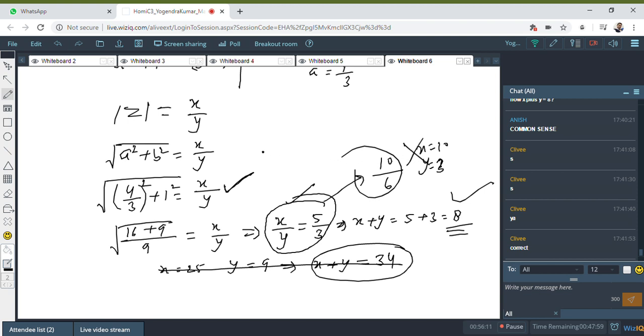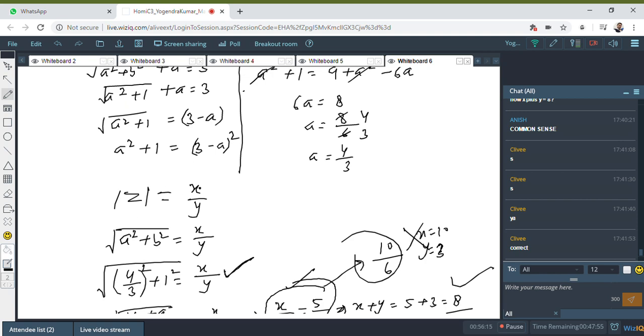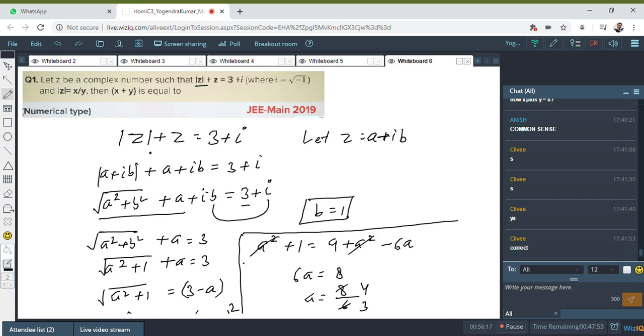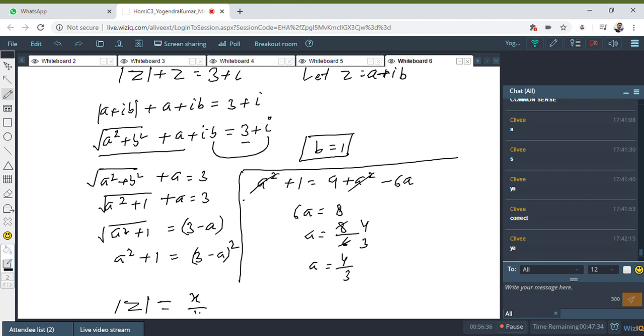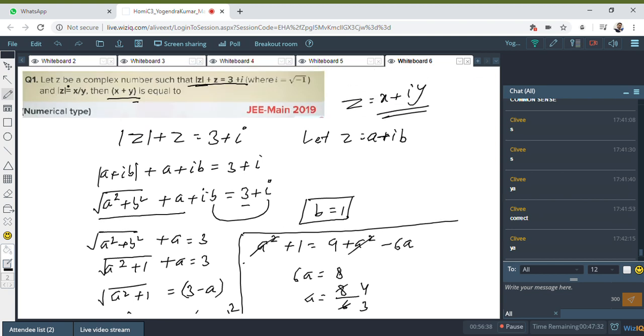Correct? But you know what is the thing there? Actually, z is a complex number such that it is satisfying this. If we would have taken z as x plus iy, they meant to say that root of z is nothing but x upon y.